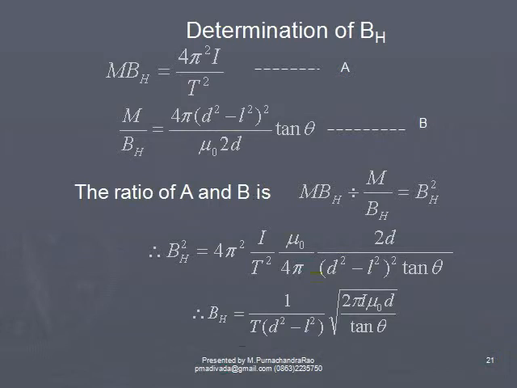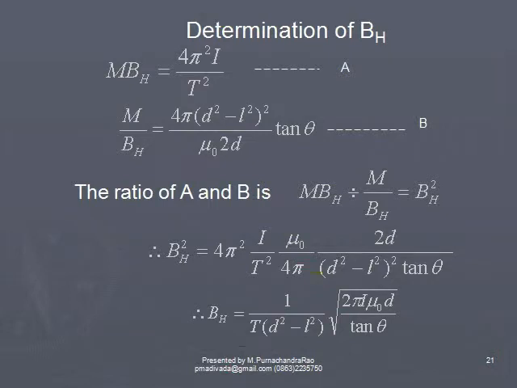From these two relations, we call the above relation as A and the second relation as B. The product of A and B is MBH into M by BH, that is equal to M square.